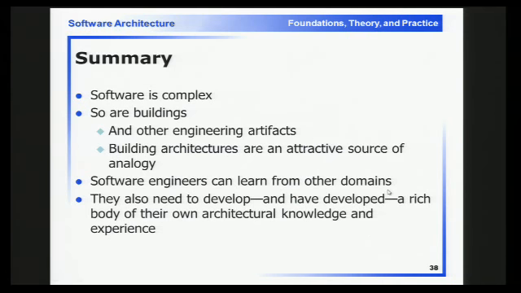Software engineers can learn from a lot of other disciplines, and they also have developed a rich body of their own architecture knowledge that needs to be inherited and learned by future architects and developers. We do not want to lose those experiences.